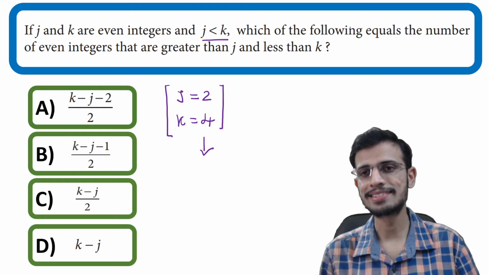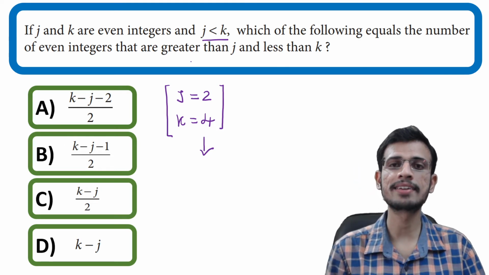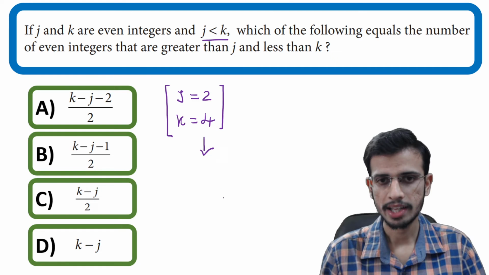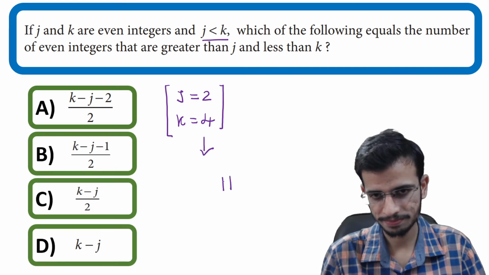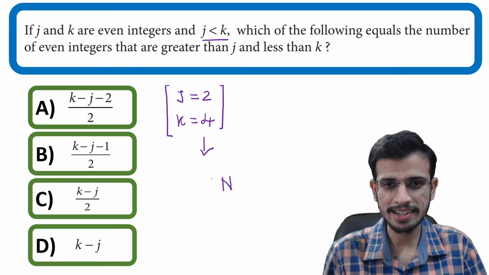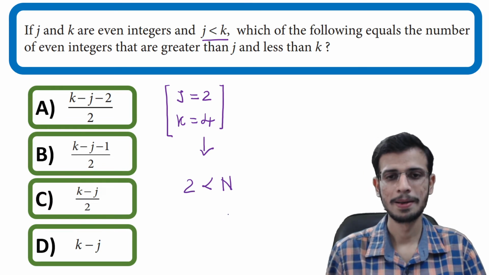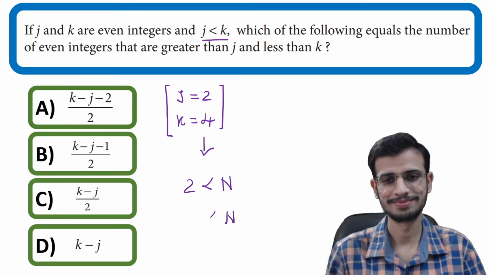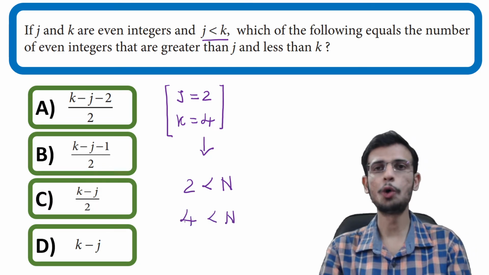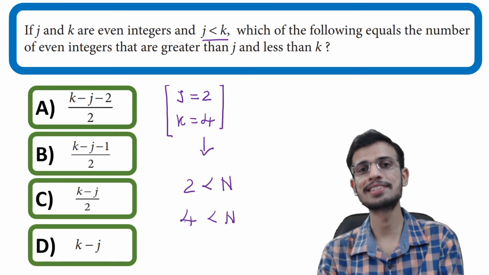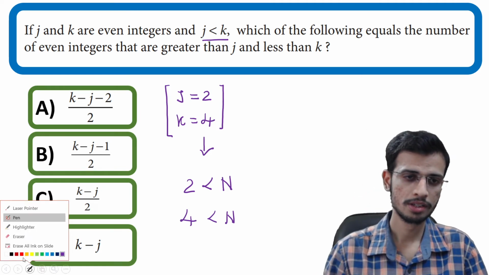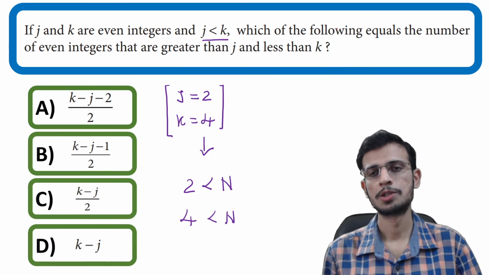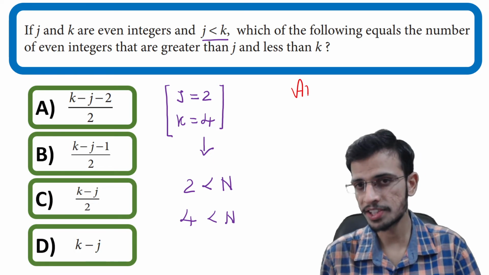If n is an even integer that is greater than 2 but less than 4, there is no such even integer.